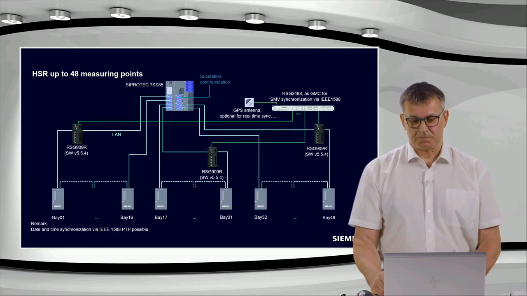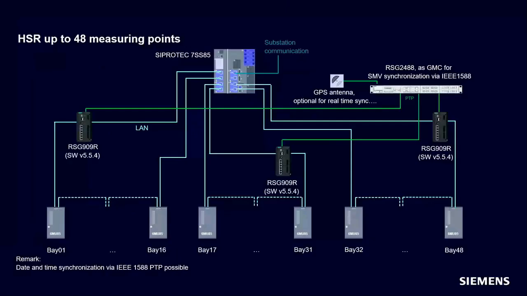A way to combine the HSR communication topology with a date and time communication is to not activate the integrated grandmaster clock, which at the moment has no possibility to connect to a global time network.